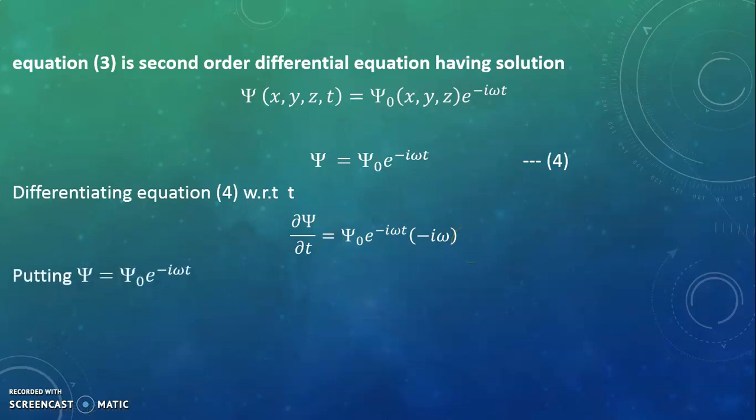Now from equation number 4 we know psi is equal to psi naught into e raised to minus i omega t. So we put psi is equal to psi naught e raised to minus i omega t. So this complete term becomes psi only, and the remaining is minus i omega, and this term is psi. Let this be equation number 5.